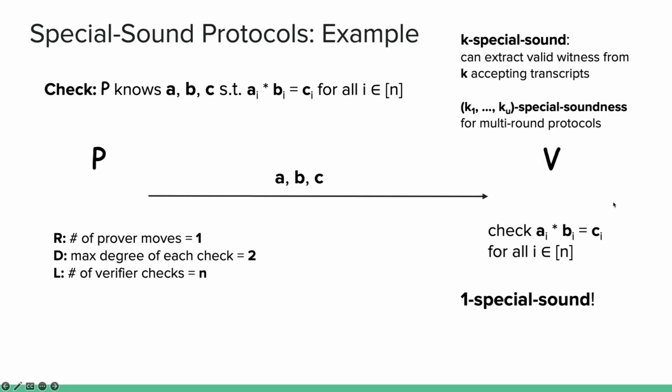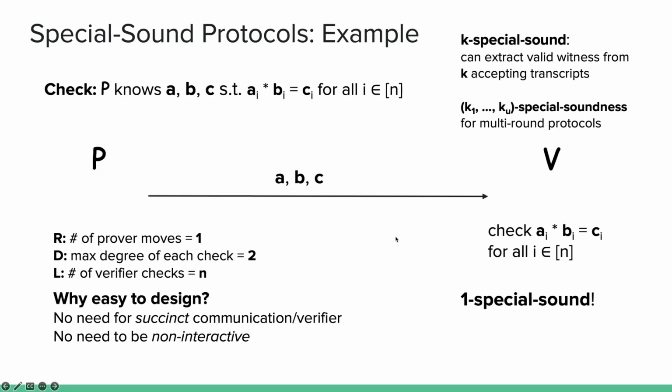You see that the verifier here checks n equations, where each equation is just a multiplication. So that means the degree d equals 2 here. And the third parameter is l, which is basically the number of constraints, or number of equations, being checked by the verifier. And here l equals n, because the verifier is checking n different equations. And you can see that for a relation, it's usually pretty easy to construct a special sound protocol for it.